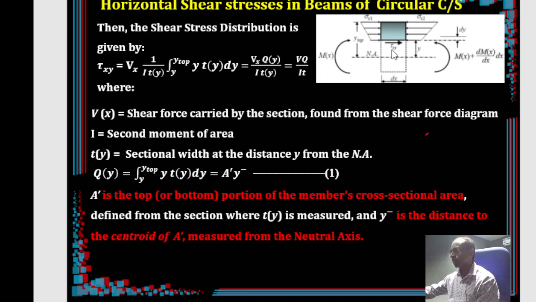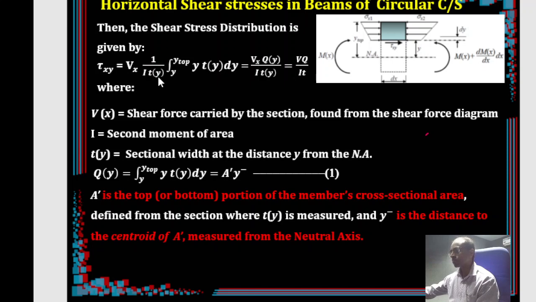So the horizontal shear stress at a distance y from the neutral axis, say xx is the neutral axis, is tau xy equal to V times A y bar divided by I t, where V is the vertical shear force at that particular section arising from the transverse loads on the beam.